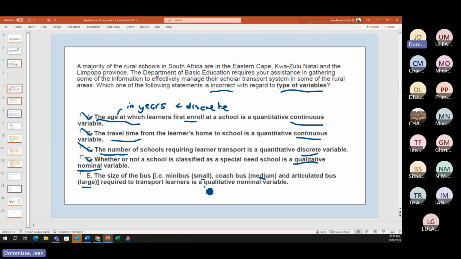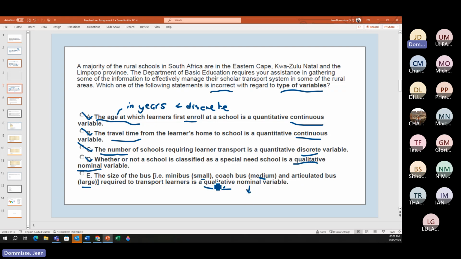So yes, it is qualitative, but is it nominal? Is it just words, or is there meaning in that, or is there order in that?